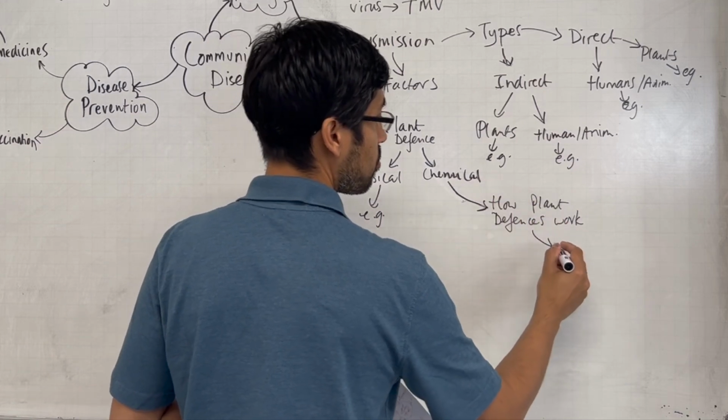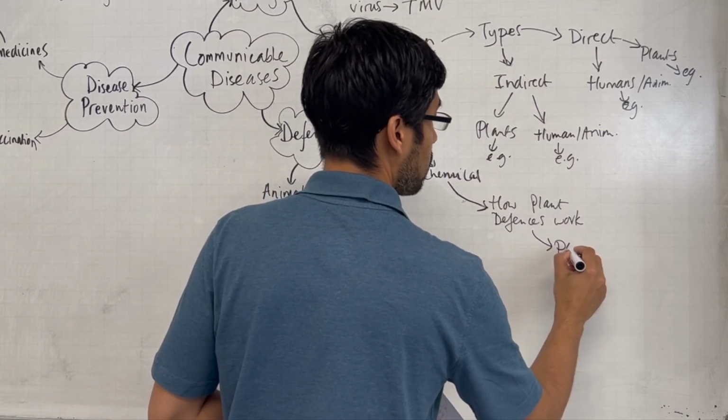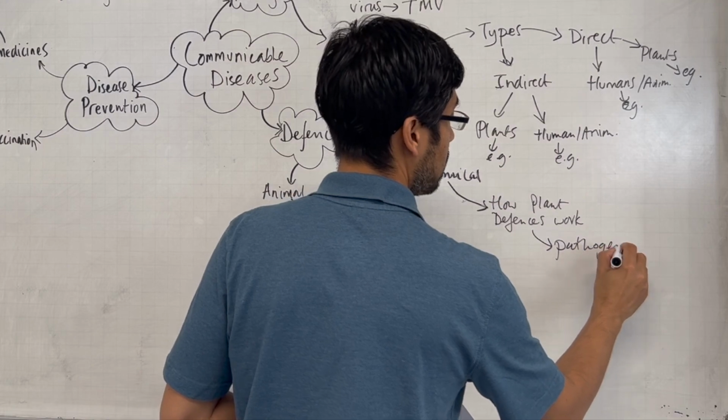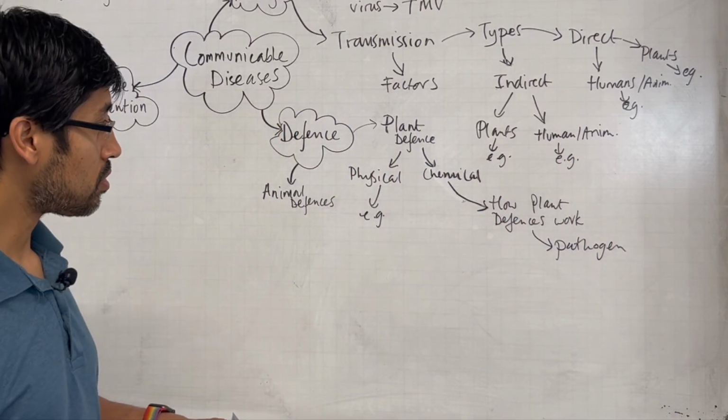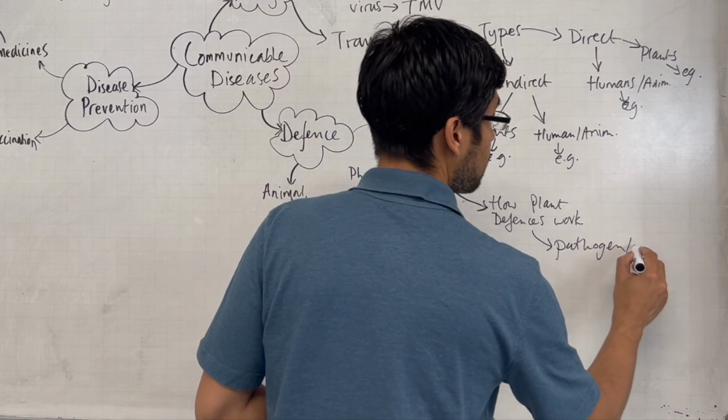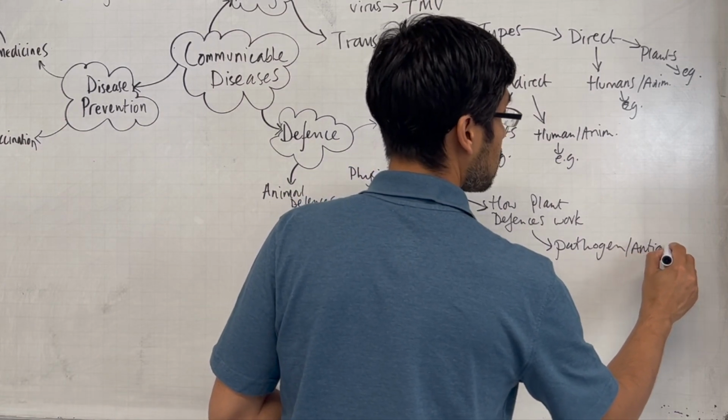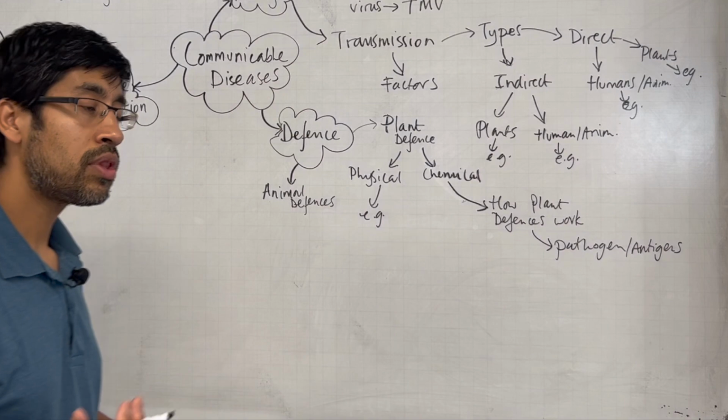So how plant defenses work, remember, there could be a pathogen. Now, in this case, the stimulus should be the presence of the pathogen, right? The stimulus should be the antigens that are present on the pathogen.